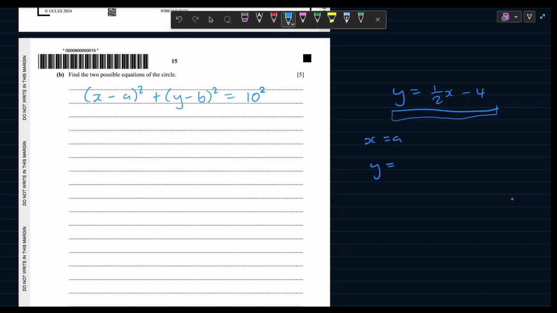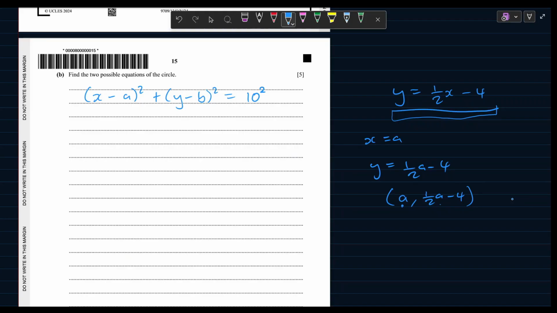That will be y is equal to half a minus 4. So it means that our center has the coordinates a, half a minus 4. These are the general coordinates of the center of the circle. And essentially, this would be the general coordinates for any point that lies on this line. The only thing that would differ is the value of a at that specific point.